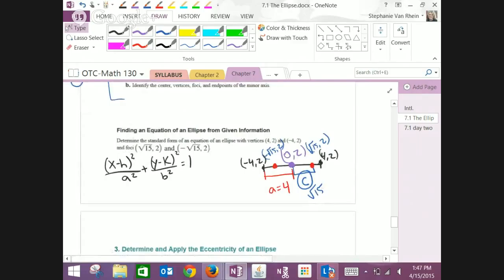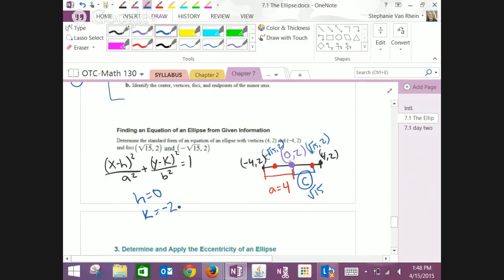So what is h here? Is the shift in the x, right? From the center. Do I shift x any? So h is 0. What is k? 2.